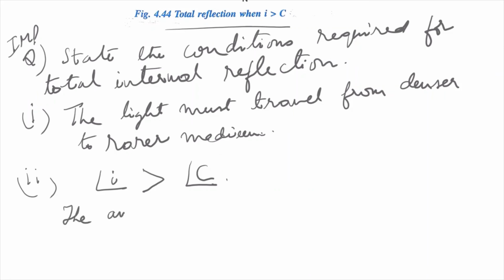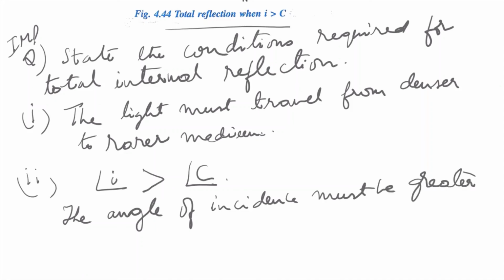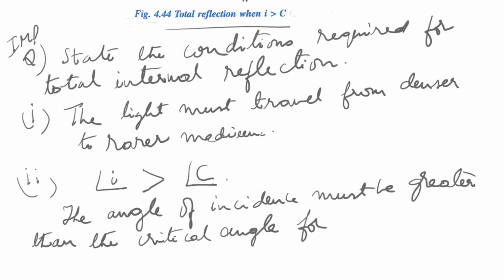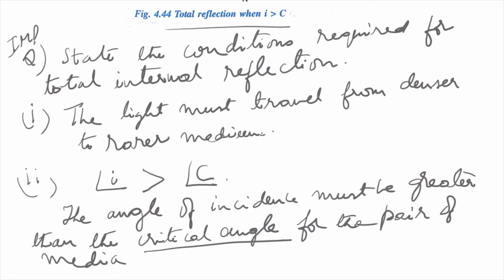The angle of incidence must be greater than the critical angle for the pair of media. You must keep on mentioning, whenever you say critical angle, for the pair of media, because critical angle is different for different pairs of media. Okay, is it clear, children, till here?